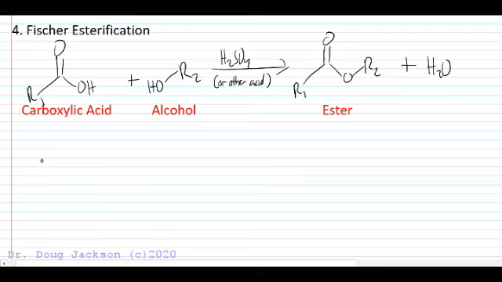And water removal at the end would be ideal to help drive this to the product, because esters and carboxylic acids share reactivity. They're pretty close. And so you could end up getting a pretty even equilibrium if you're not utilizing Le Chatelier's principle in some way to push this along toward the ester.